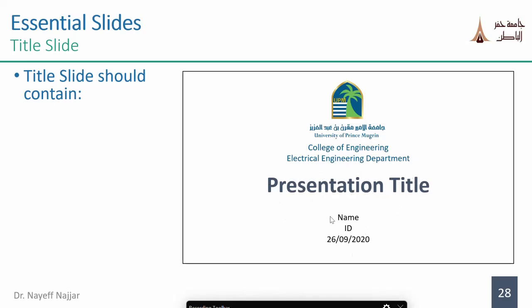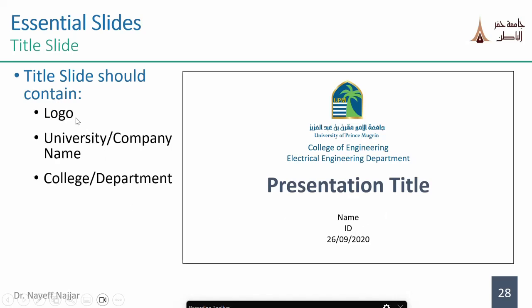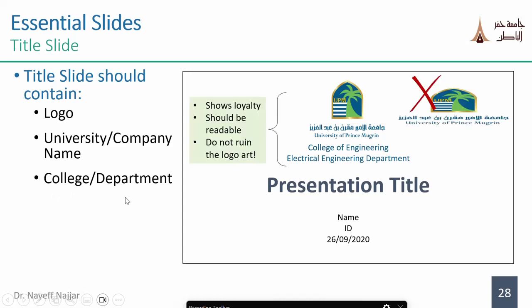And then you have some other information. Things like your name and ID are very important when you are presenting in a class. Maybe also the date that you are making the presentation. So this is very important. Logo, university name, college or department name.